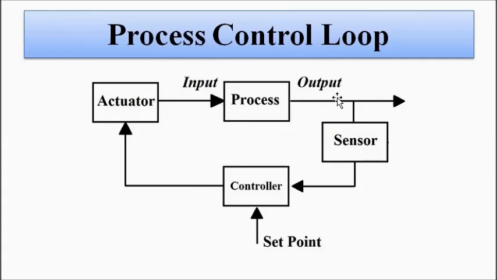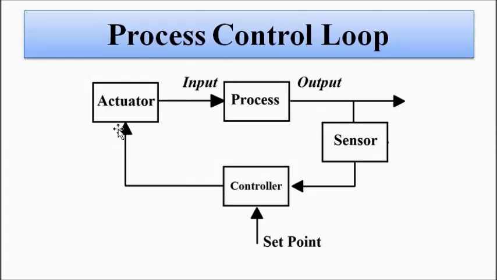In the old days, where there were no sensors, controllers or actuators, it was as simple as that. Only this block was involved. We give the input, we get the output. The output may not be close to the output which we want, but that's the way it was, because there were no sensors, controllers, or actuators.